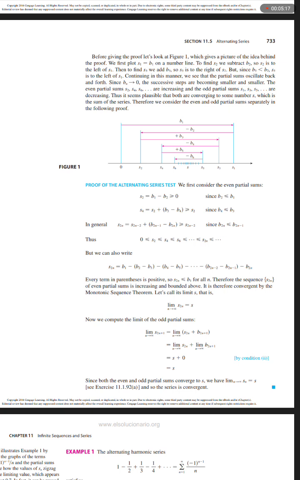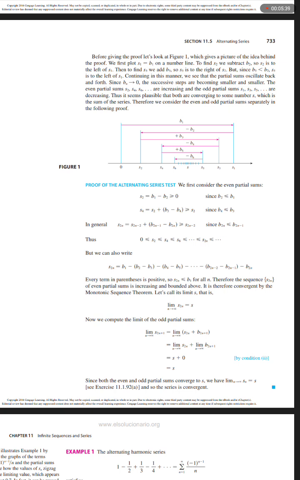Since b sub 2 is less than or equal to b sub 1, s sub 4 equals s sub 2 plus (b sub 3 minus b sub 4) is greater than or equal to s sub 2.